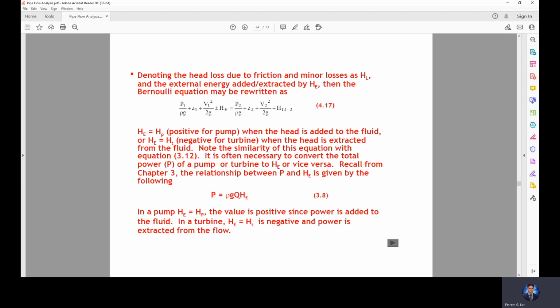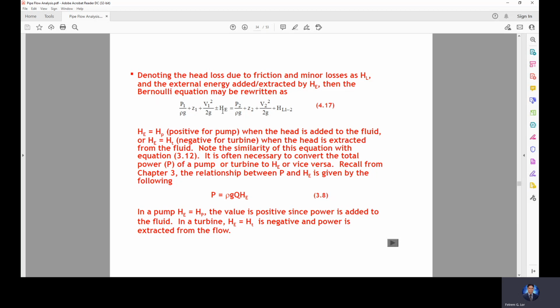Going back to our Bernoulli's energy equation, if you will add energy, you should put it on the left side of the equation. Actually, that's energy added or extracted.